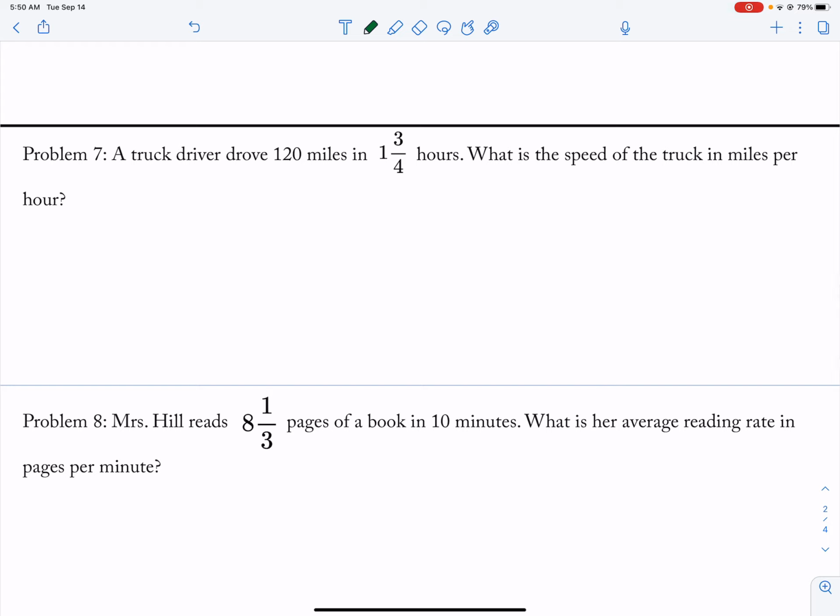A truck driver drove 120 miles in 1 3/4 hours. What's the speed in miles per hour? So that's 120 miles per 1 3/4 hours. So then I have 120 divided by 1 times 4 is 4 plus 3, which is 7/4 hours.